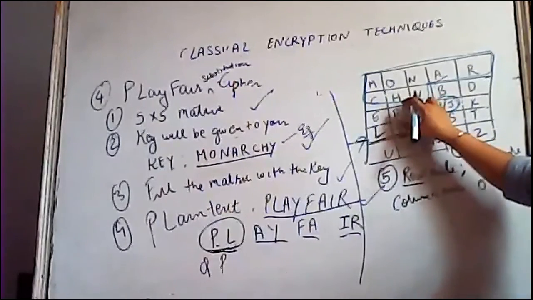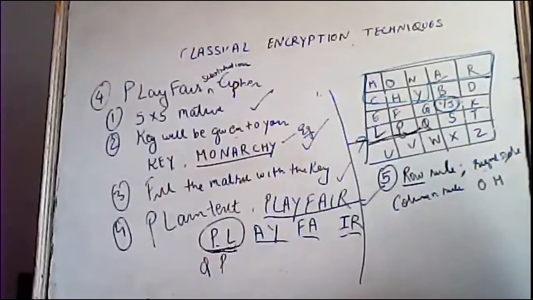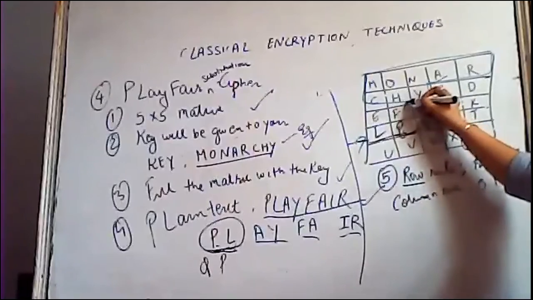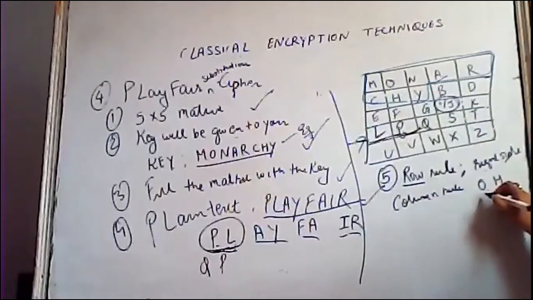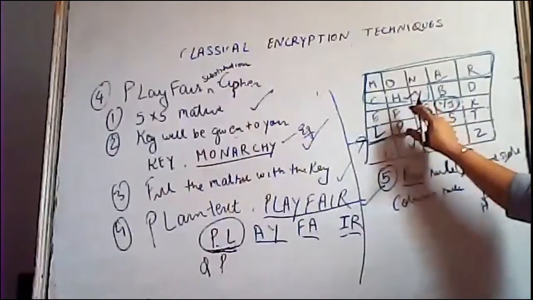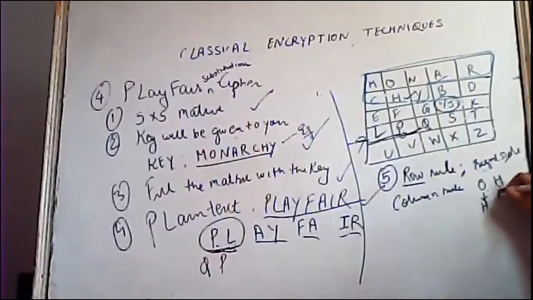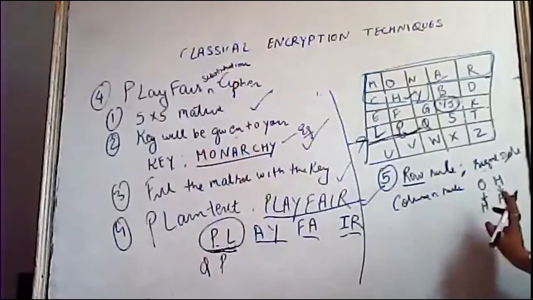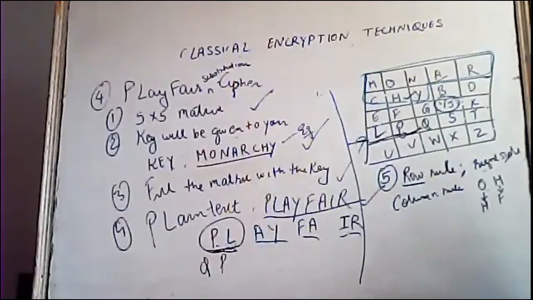They will move one cell downwards. For this O, what will be the alphabet? That is H. And for H, what will be the alphabet? Fine. So this is your column rule.